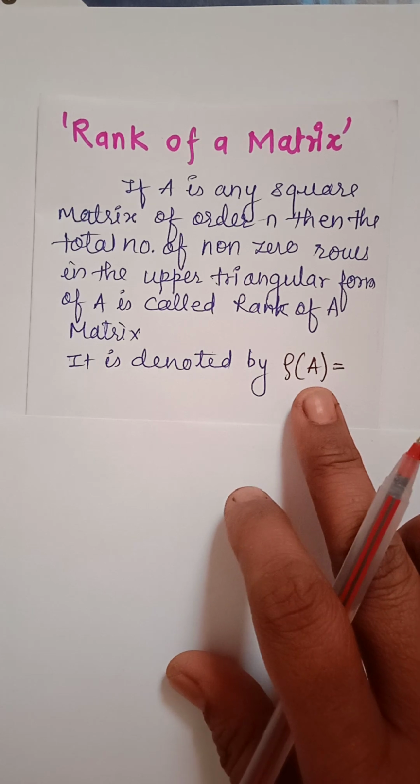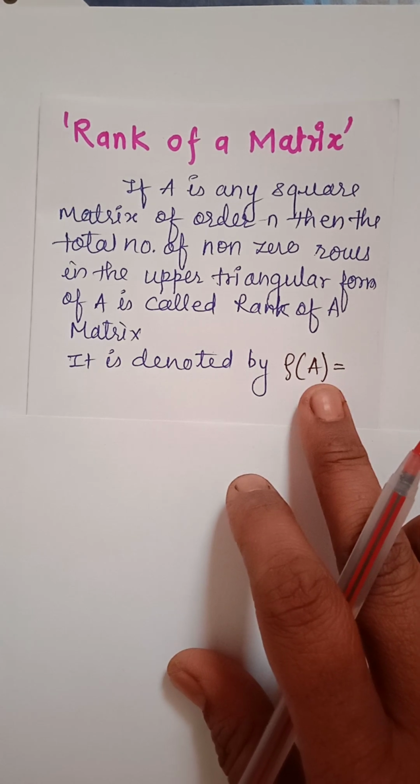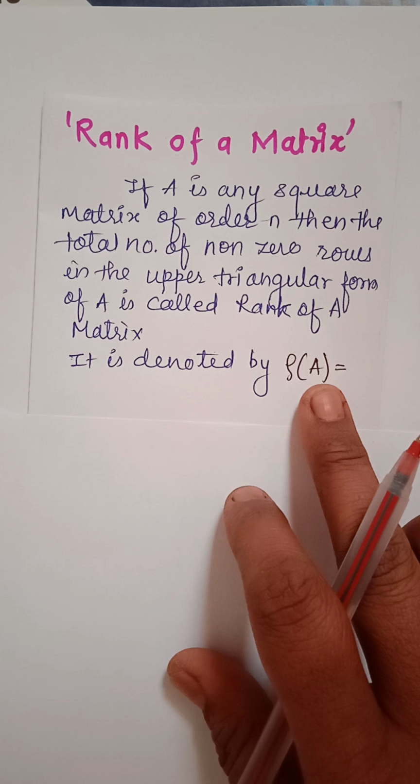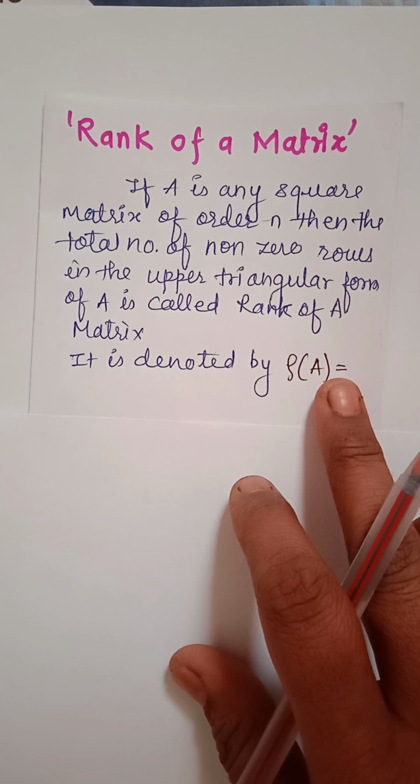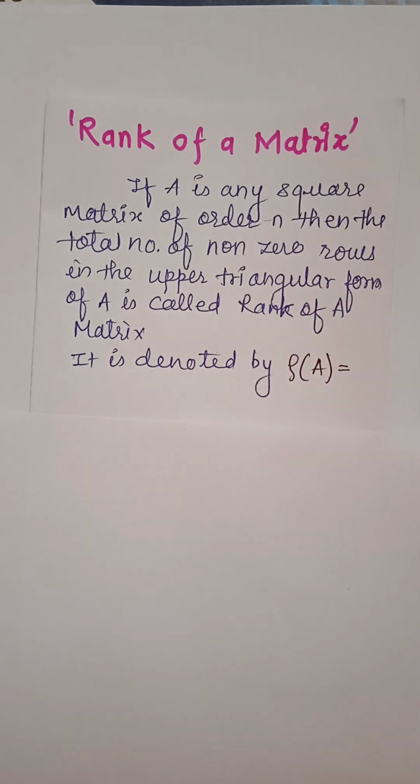If A is any square matrix, you have to reduce it to upper triangular form, count how many non-zero rows there are, and write that number, and that is the rank of that matrix.